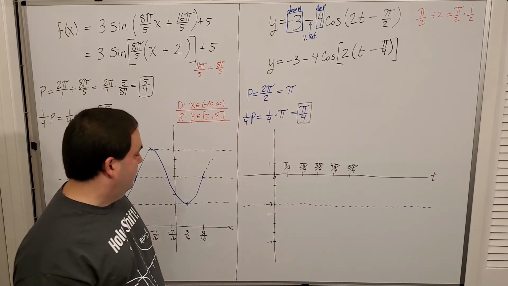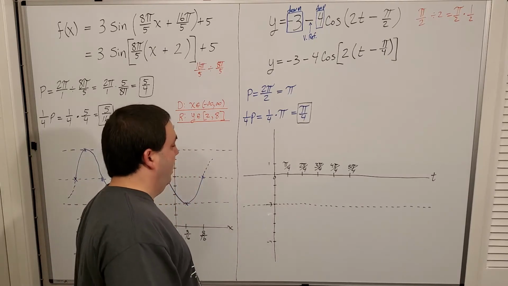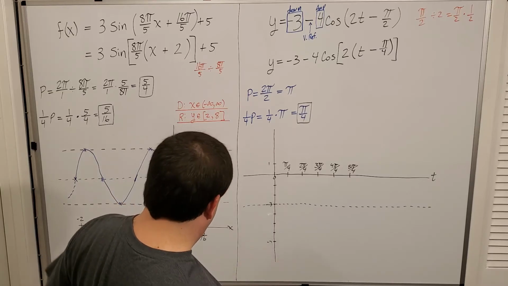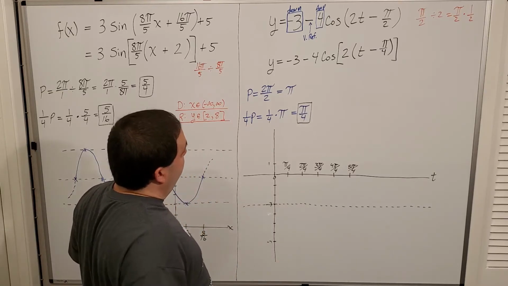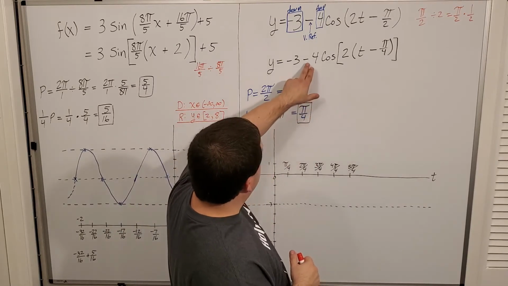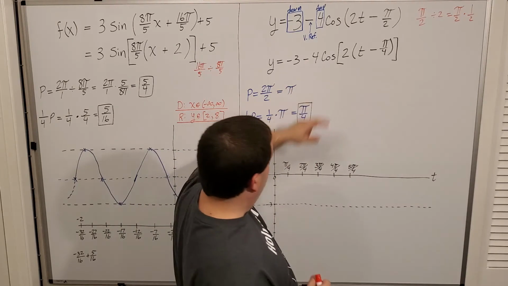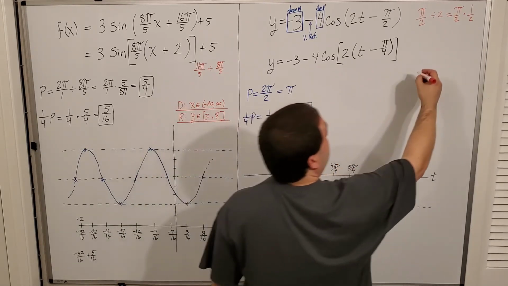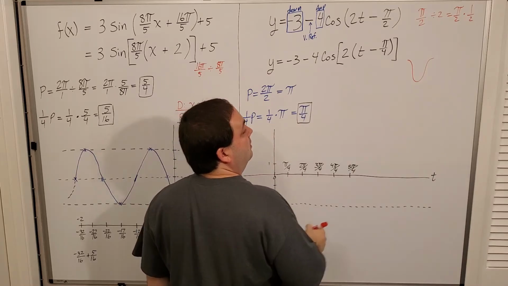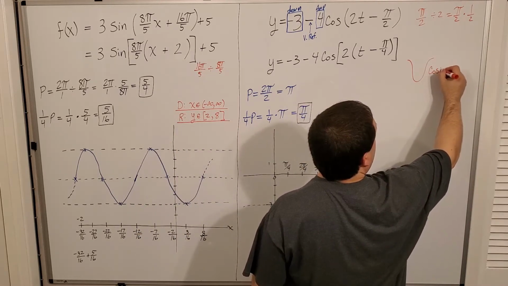Okay, so let's draw these in now. I've got everything labeled for 1 period so far. Let's go ahead and draw up that period of this graph. I'm dealing with a negative cosine. Now remember, cosine typically does the round U looking piece, right? That's cosine.